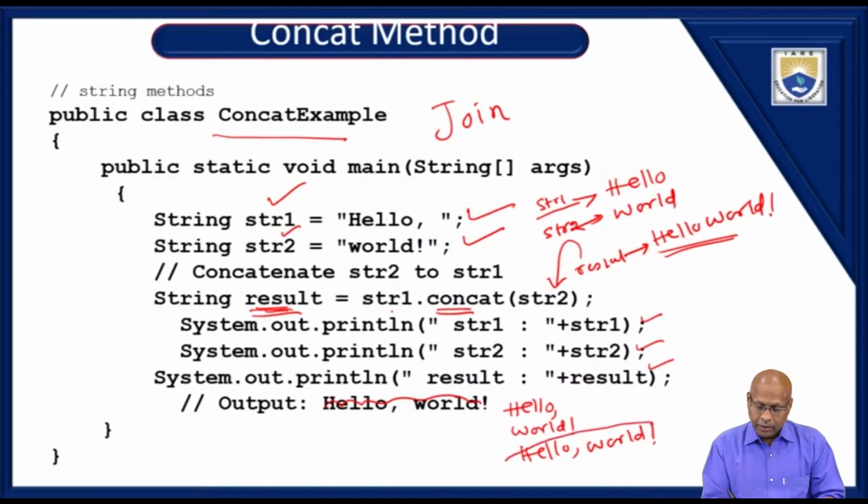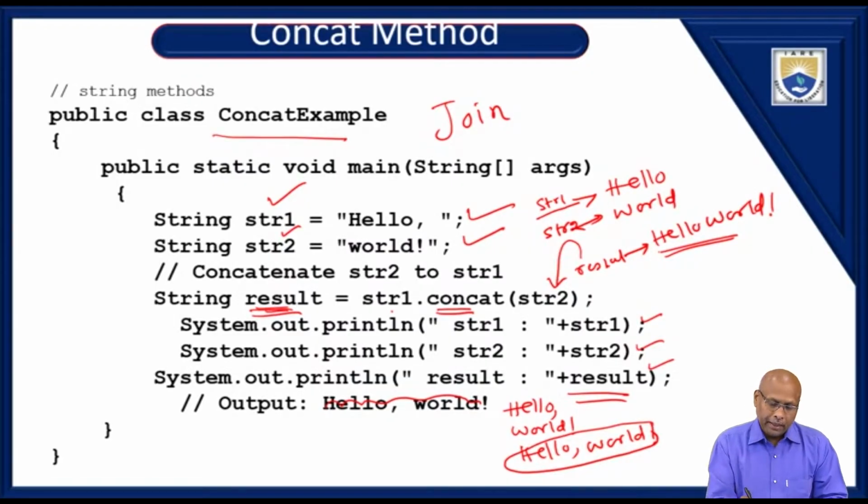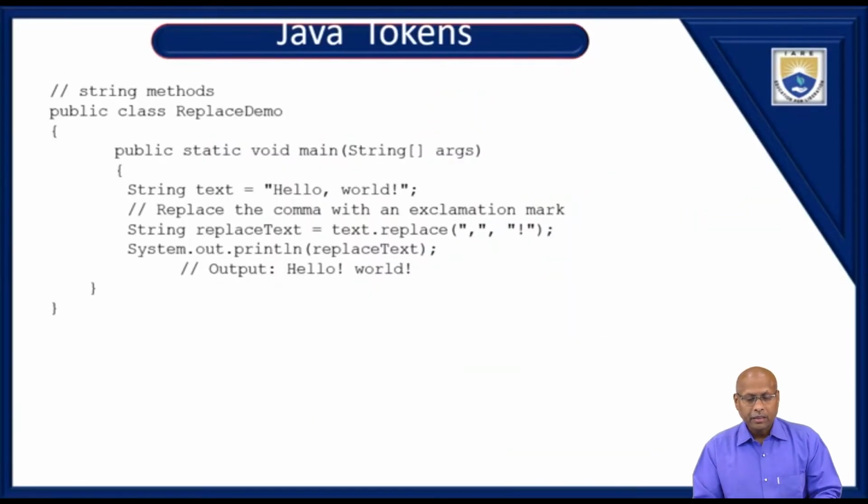This is the output of the concatenation operation. So remember, the concat method takes one string that will be concatenated with my initial string str1, and it produces a new one, Hello World. My original str1 will not change. So these are the typical methods. Of course, there are many methods, but we are discussing a few of them.